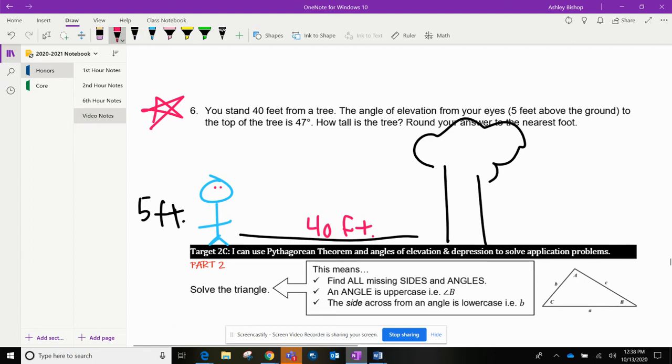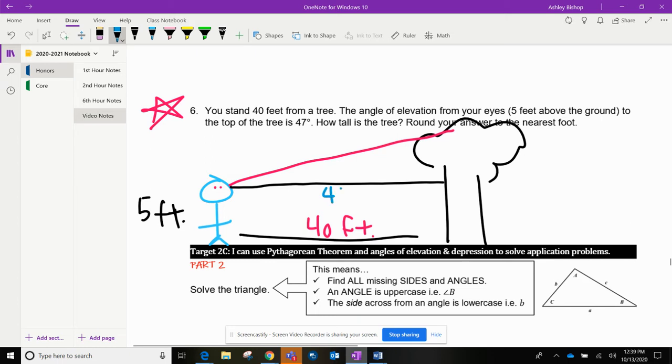So the angle of elevation from your eyes, so starting at my eyes to the top of that tree is 47 degrees. I need to make my angle of elevation. So remember, my angle of elevation is made from the line of sight and the line horizontally in front of me. And this horizontal line that's in front of me, I know is also going to be 40 feet.